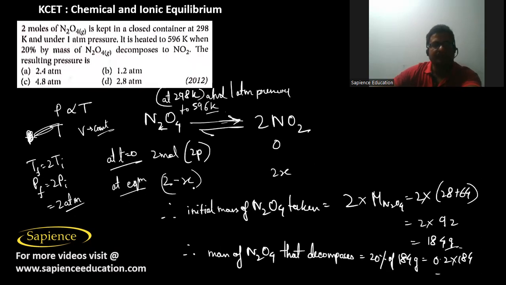At equilibrium, from 2 moles, 0.4 moles has reacted and 0.8 moles of NO2 has been formed.